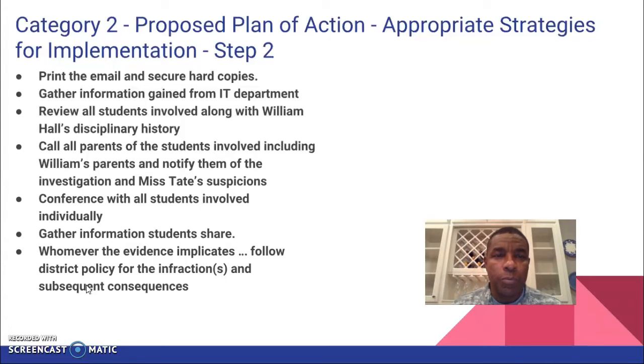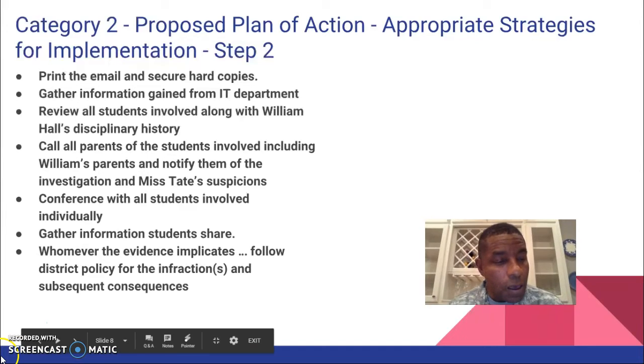Category 2, Proposed Plan of Action, Appropriate Strategies for Implementation. Step 2. Get hard copies of the email for the file that is being compiled. Touch base with the IT department to see if they have discovered any evidence.